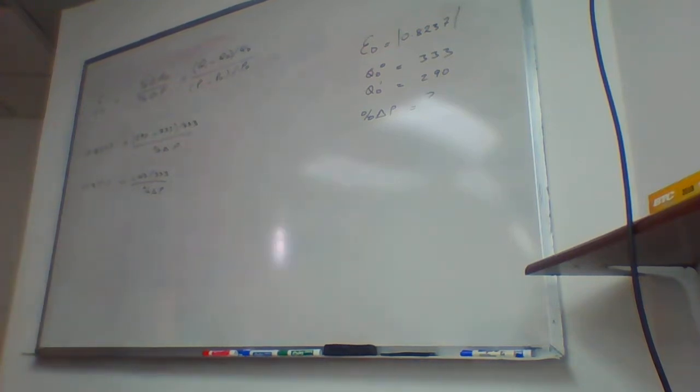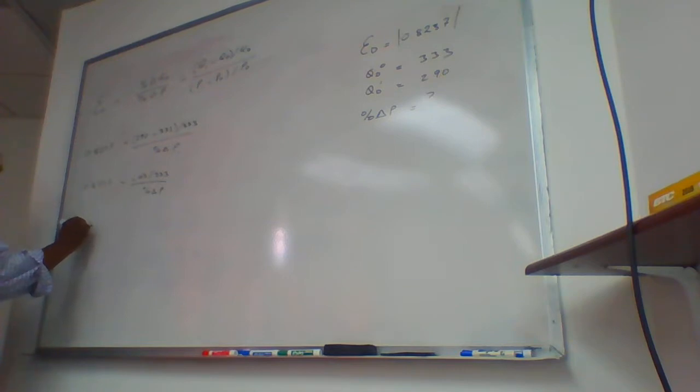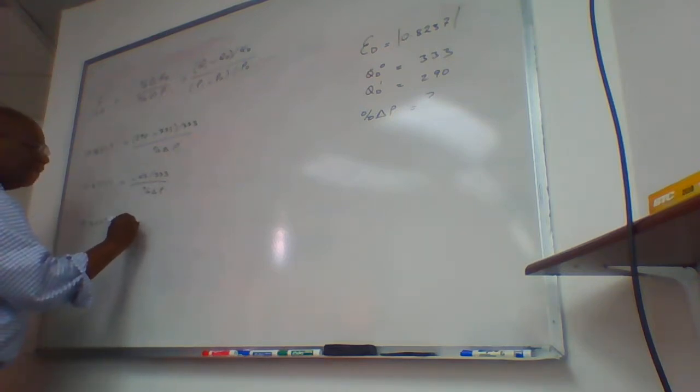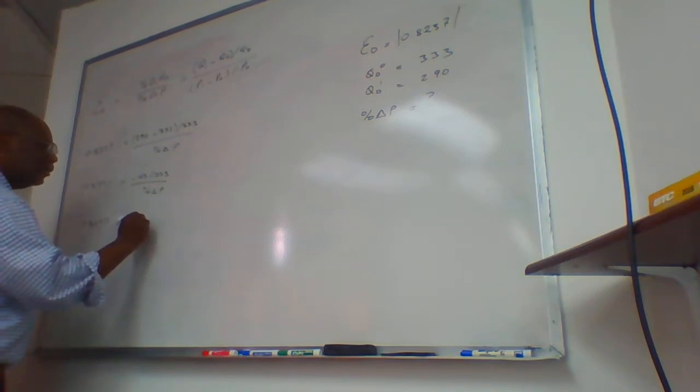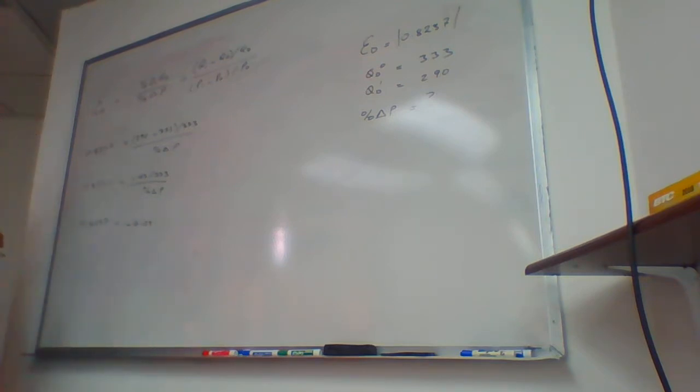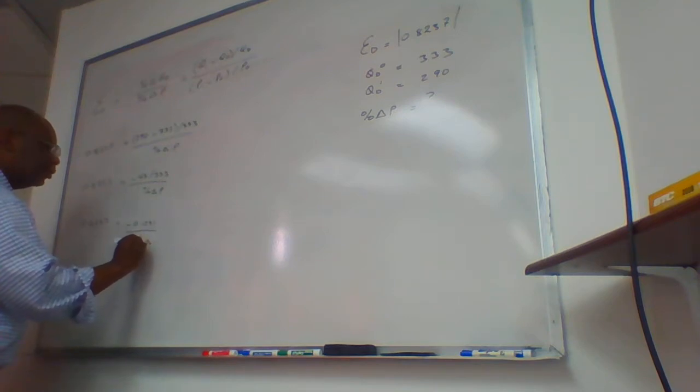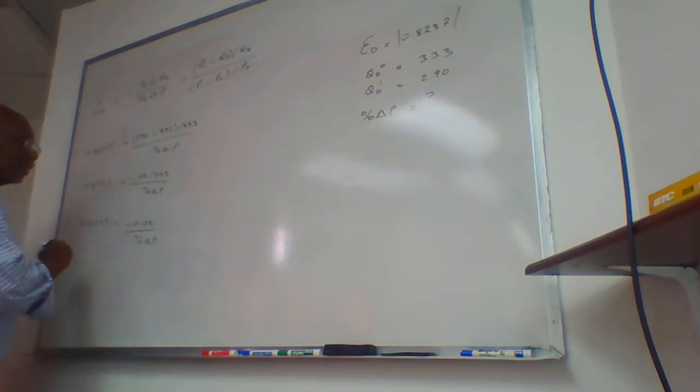All I'm doing at this stage is plugging in what I know and trying to solve for what I don't know. So I'm still 0.8237. Now negative 43 divided by 333 is negative 0.1291. What's after the 1? 2929. All right, so negative 0.1291 divided by percentage change in P.